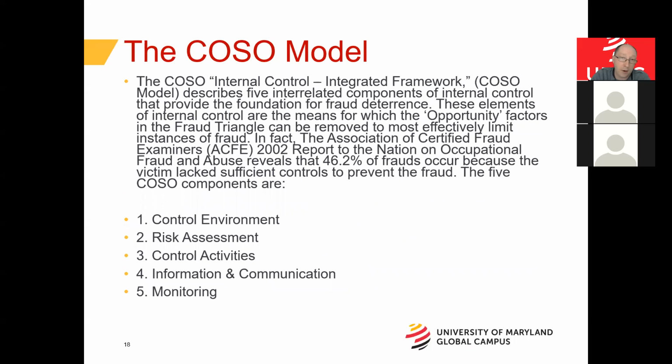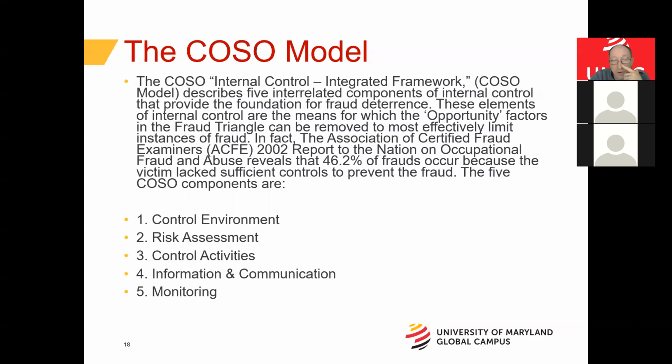Let's look at the COSO model. This helps us in the fraud deterrence when it comes to identifying the opportunity within COSO. So here are the 5 components of COSO in the framework. Control your environment, assess your risk, control activities within the environment, information and communication, and monitoring.